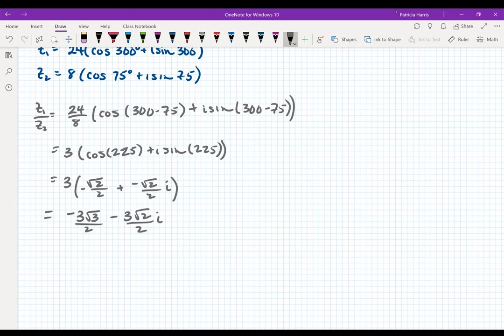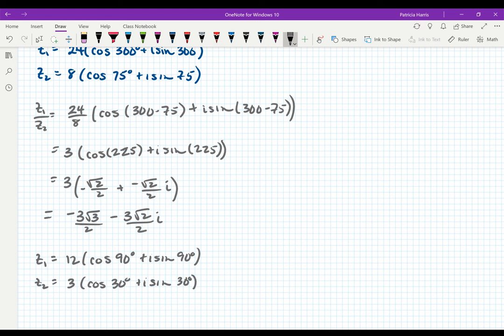Let's do z1 is 12. Let's do cosine of 90 degrees plus I sine of 90 degrees. Z2 is 3. Let's do cosine of 30 degrees plus I sine 30 degrees.